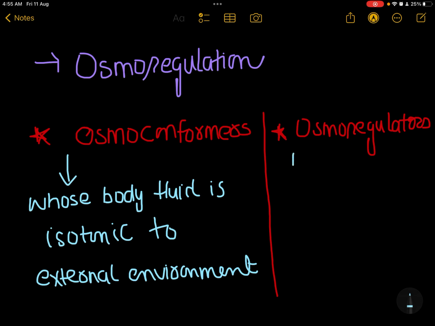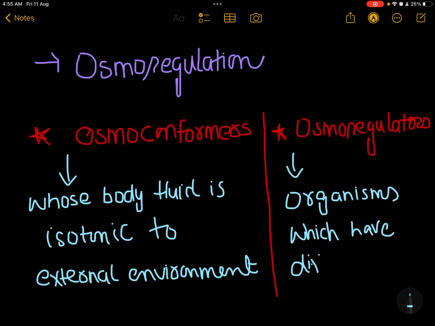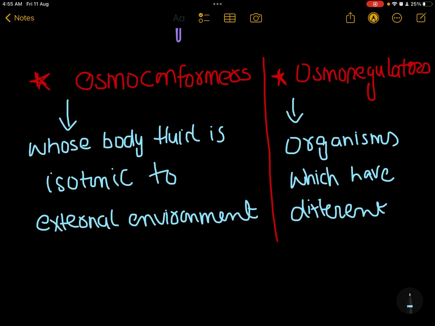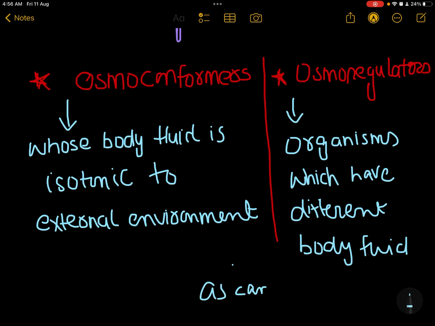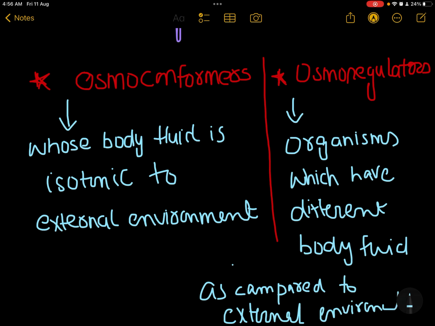But osmoregulators are organisms which have different body fluid compared to the external environment.